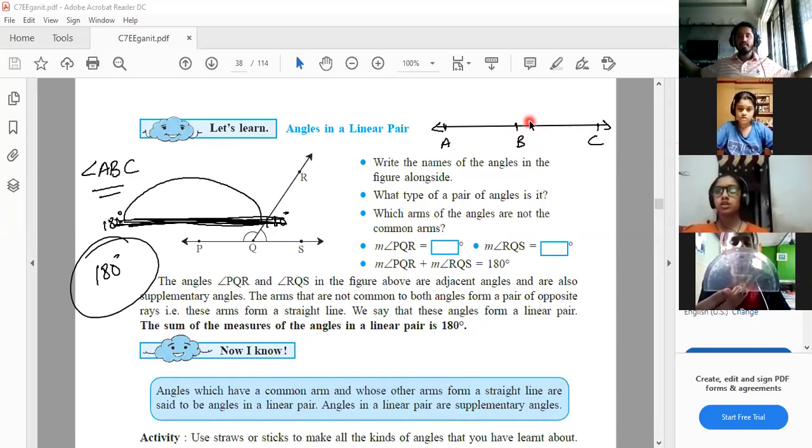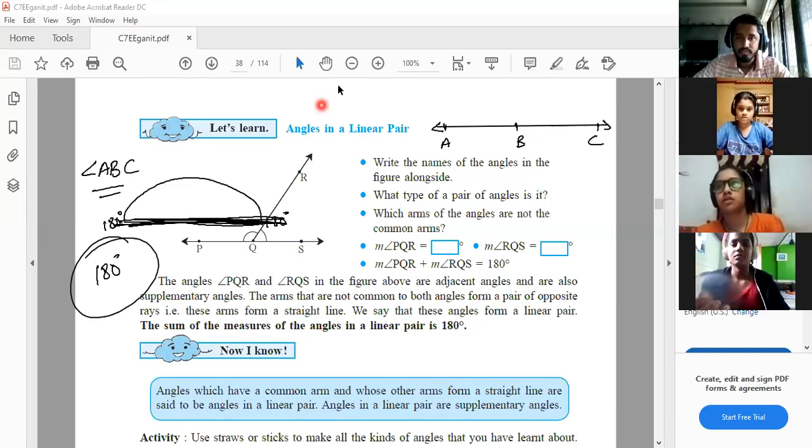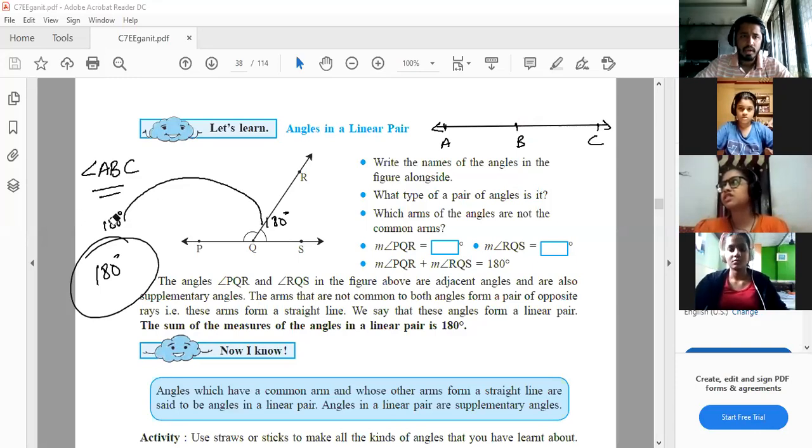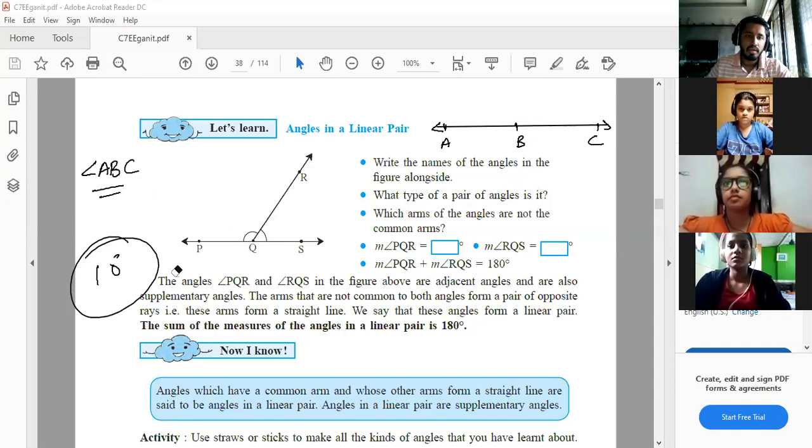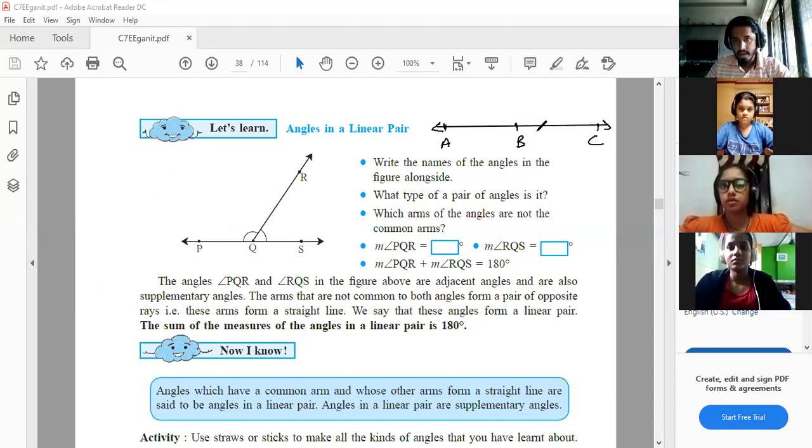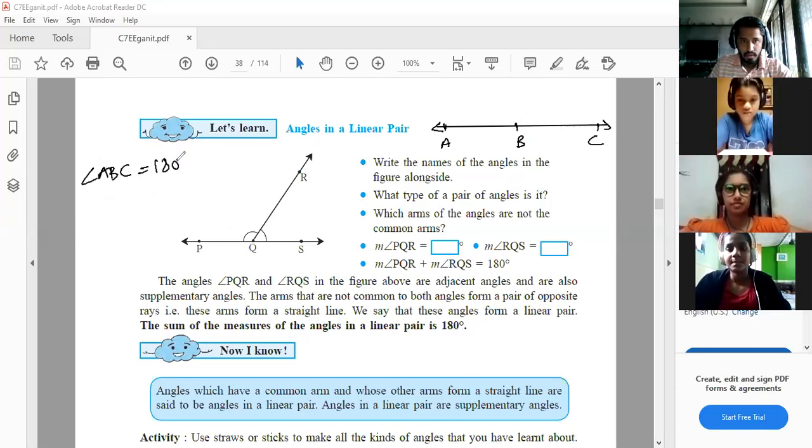Any straight line has a measure of 180 degrees. Yes, Trisha, you can keep your protractor down. Any straight line has a measure of 180 degrees. So similarly, this angle ABC, I can call it an angle having a measure of 180 degrees.